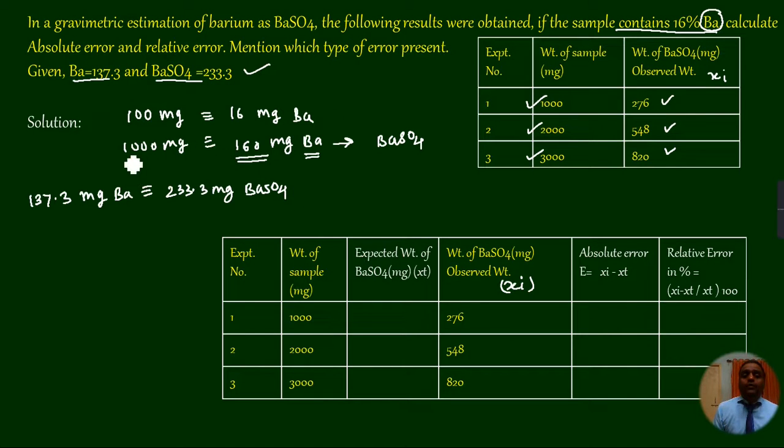For 1000 milligrams we have 160 milligrams of barium.